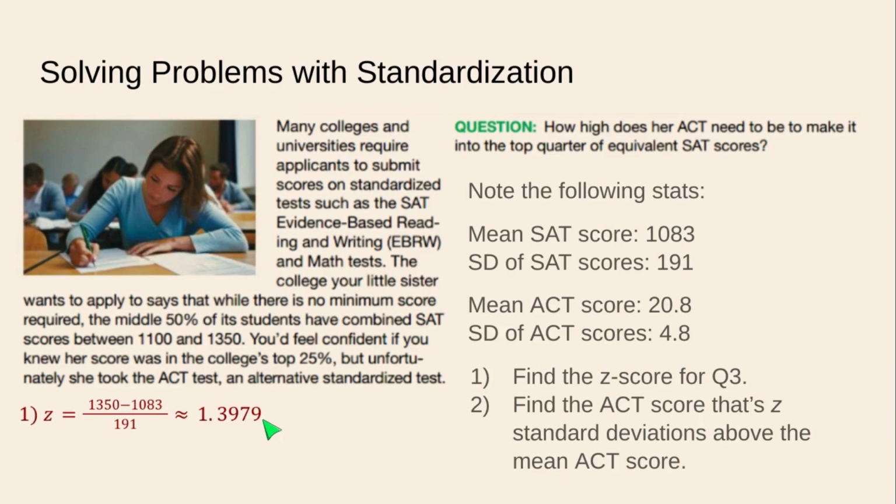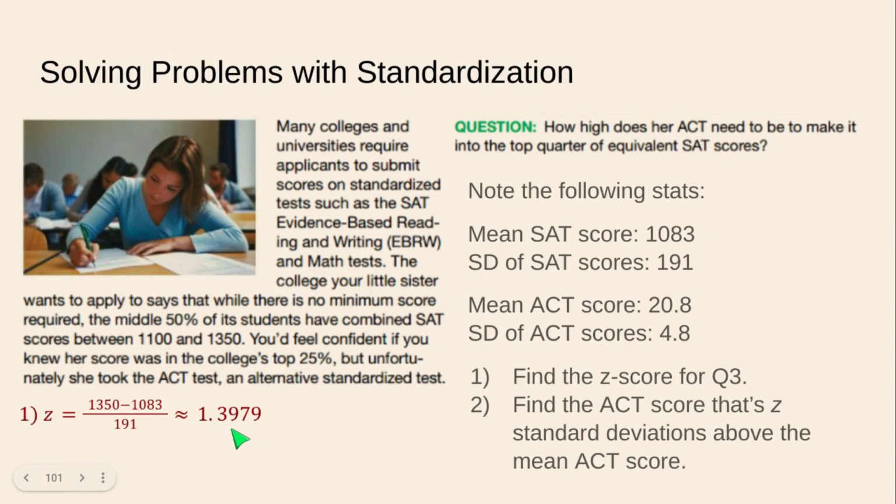Or if you're using percents, you can round to 2 places to the right of the decimal, but that is neither here nor there. Okay, so here is our z-score. To get into that top 25%, we need to be approximately 1.3979 standard deviations above the mean.